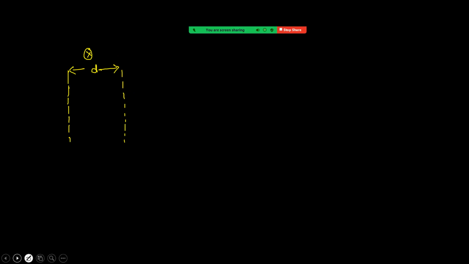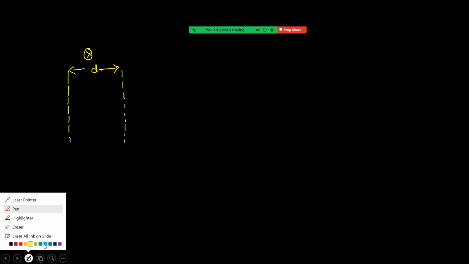Let us take it, it enters now somewhere here. First observe here, the velocity vector is in the plane of the board, but the magnetic field is normal to the plane of the board.